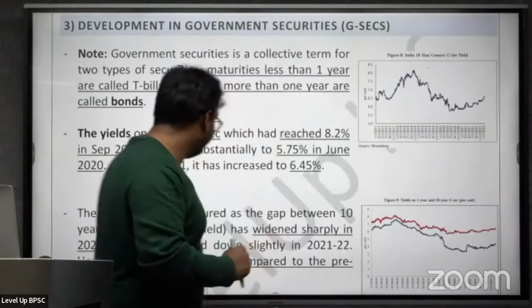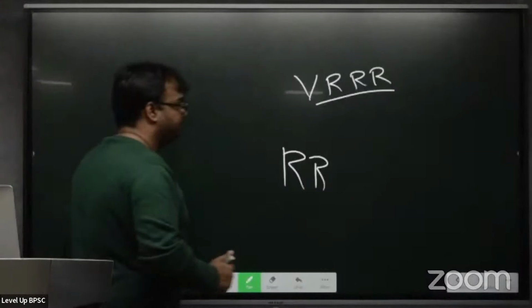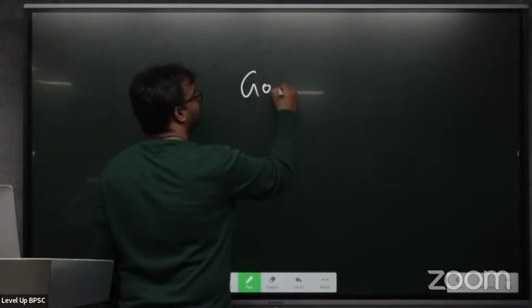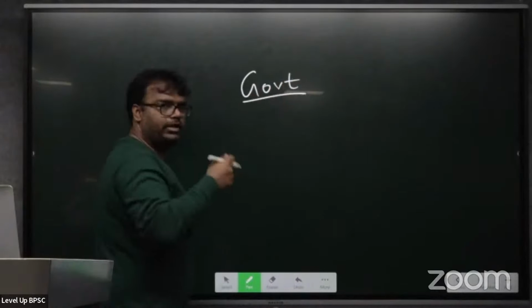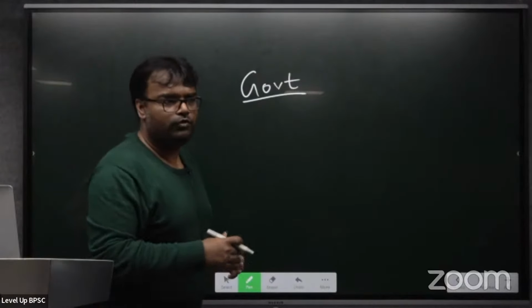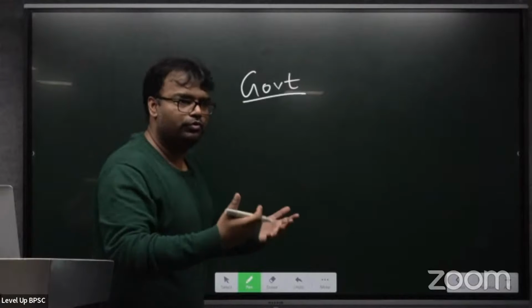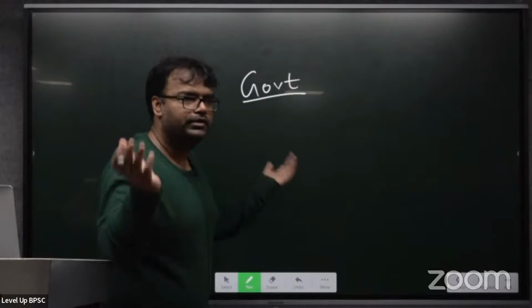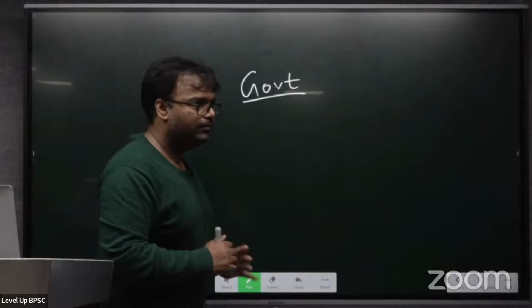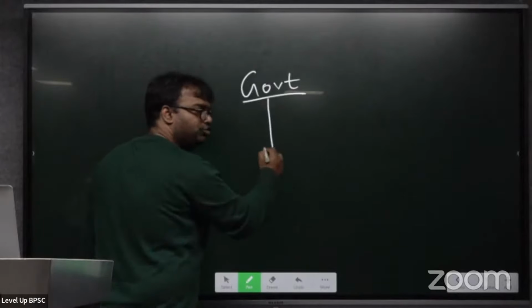Now to understand yield, government wants more money for stimulation, for doing infrastructure development, for providing COVID services. Now government needs more money when its revenue had suffered. In that case, government will issue bonds.